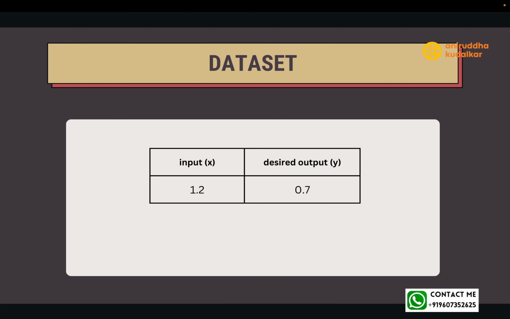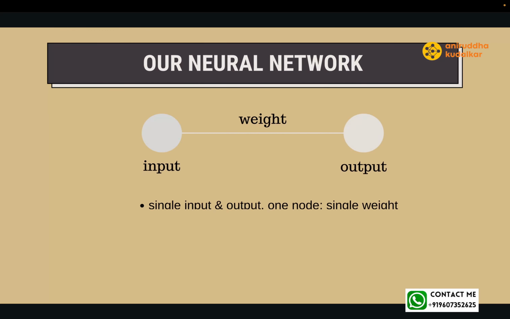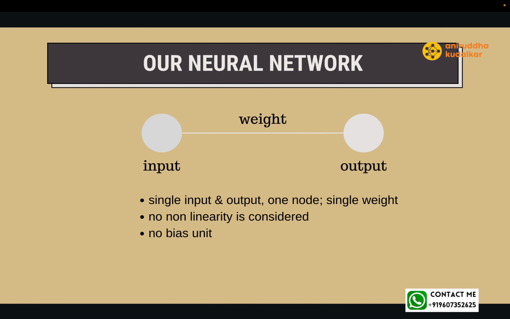Well, this is our data set. X is 1.2 and the desired output is given. If I provide the X value as the input feature, 1.2, I'm expecting the output as 0.7. This is the neural network we would be considering for this video. There is only one input layer with a single node, one output layer with a single node, and a single weight.